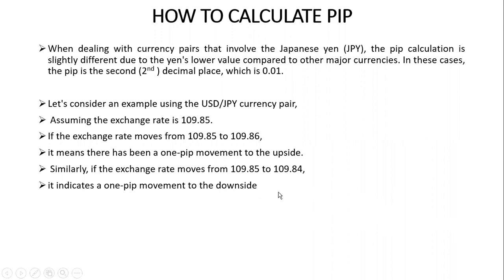You can see that clearly. So all you have to remember here is that when you are dealing with any currency pair that involves the Japanese yen, the pip calculation is in 2 decimal places. So your focus is on 2 decimal places.